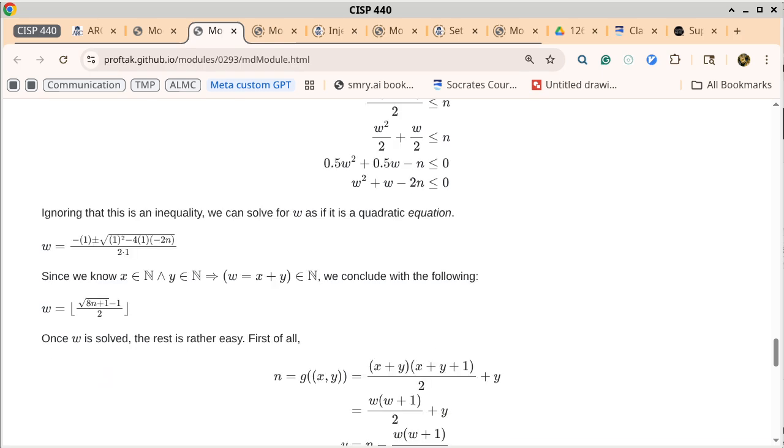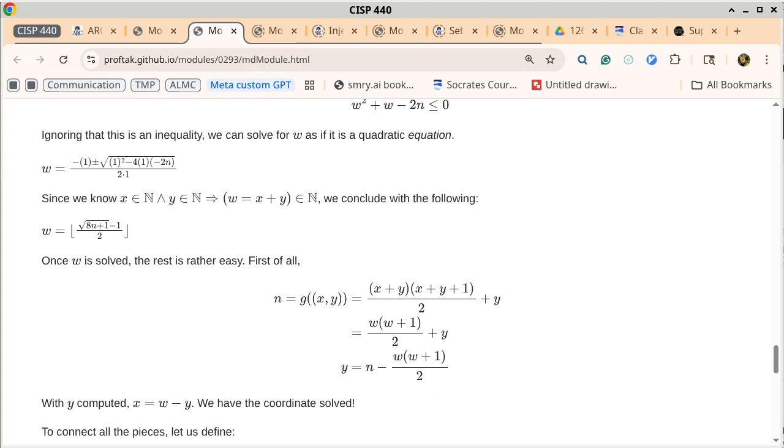So once we solve for w, the rest is relatively easy, because we can then figure out y as n minus w times w plus 1, the whole thing divided by 2. And this is the derivation. The derivation is basically saying, okay, if we knew the x and the y, then n equals the result of this formula here. Substituting your w being x plus y, we can simplify that to become something like this.